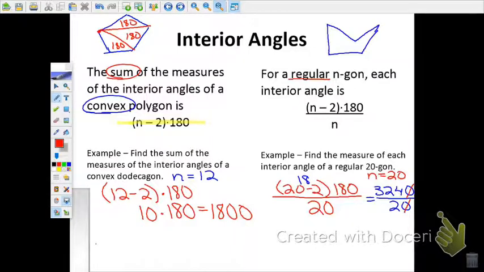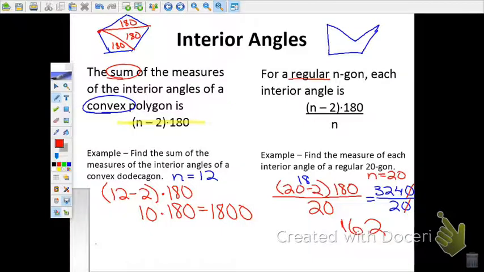So what's half of 324? 162. Half of 300 is 150. Half of 24 is 12. 150 plus 12 is 162. Okay. So that's what we come up with for our answer.